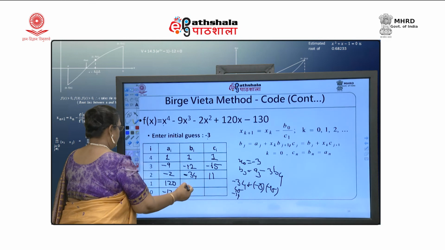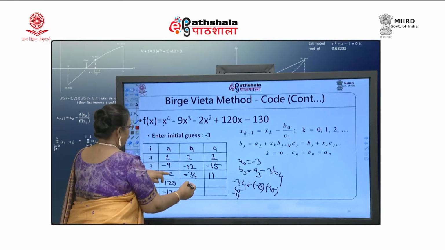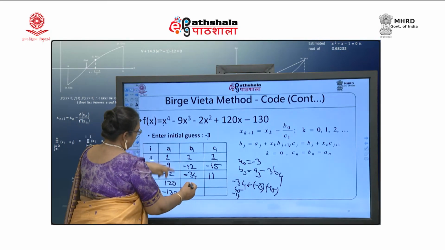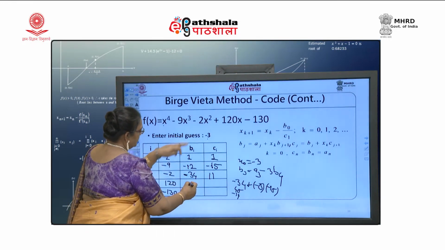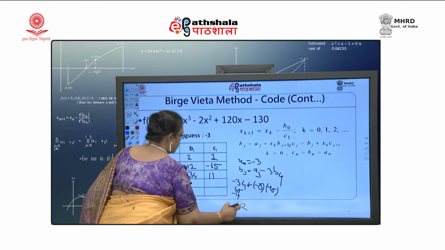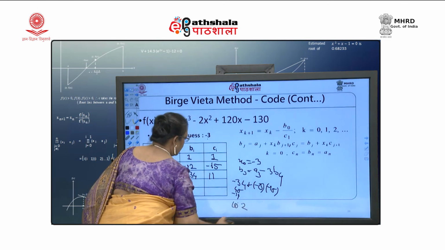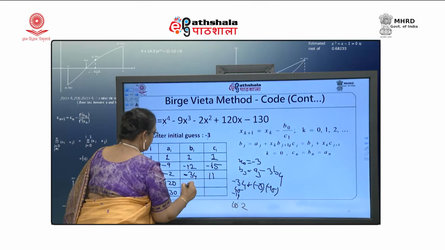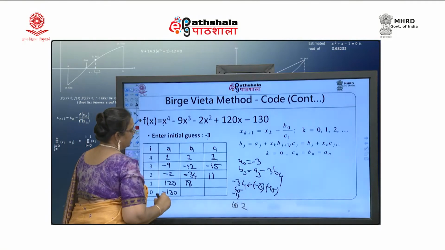Now, b1 will be a1 plus minus 3 into b2. So, minus 3 into 34, that is minus 102, and 120 minus 102 gives the answer 18.